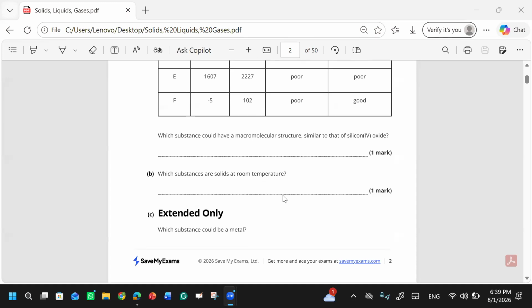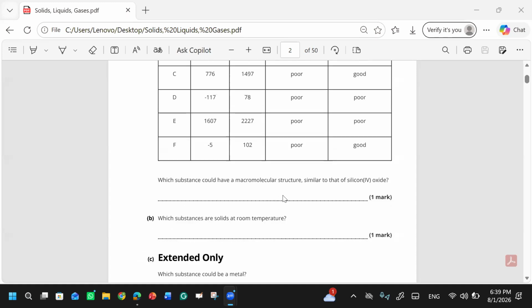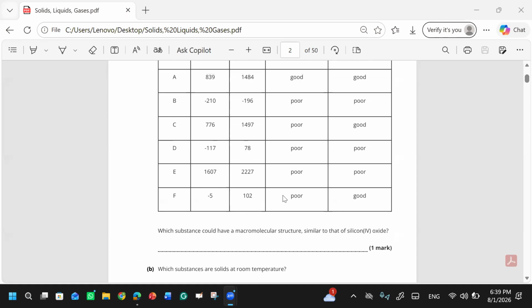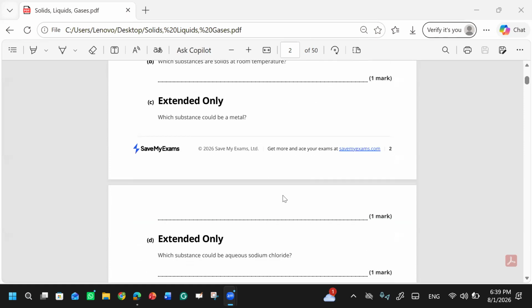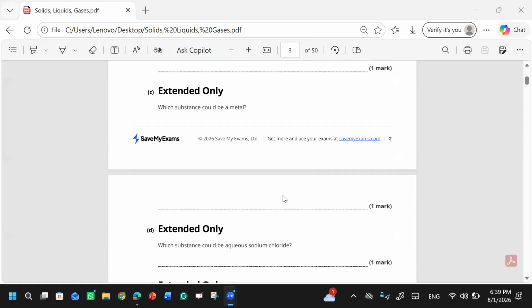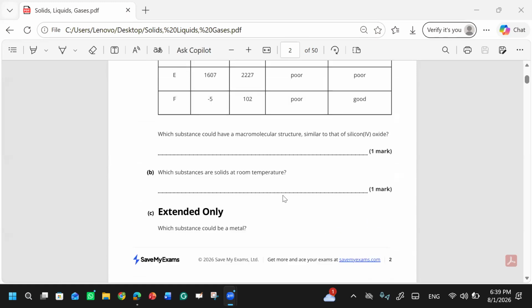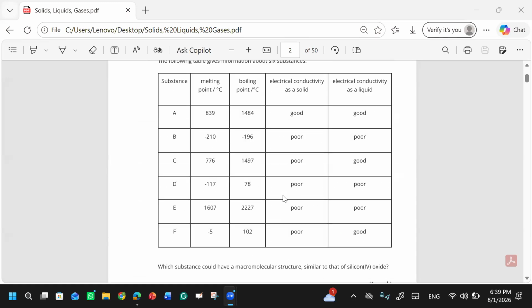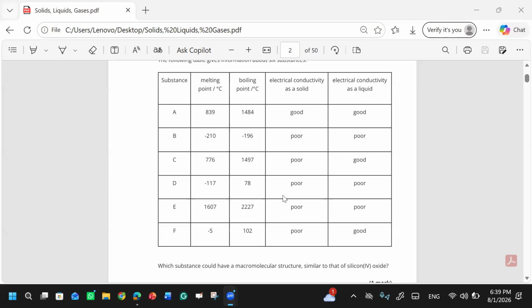Which substances are solid at room temperature? A and C. Which substance could be a metal? It's A. Why?